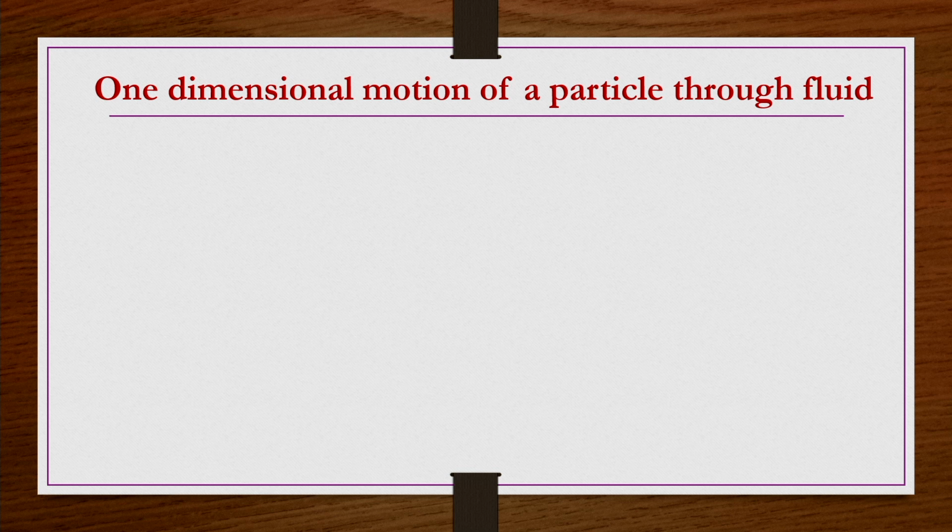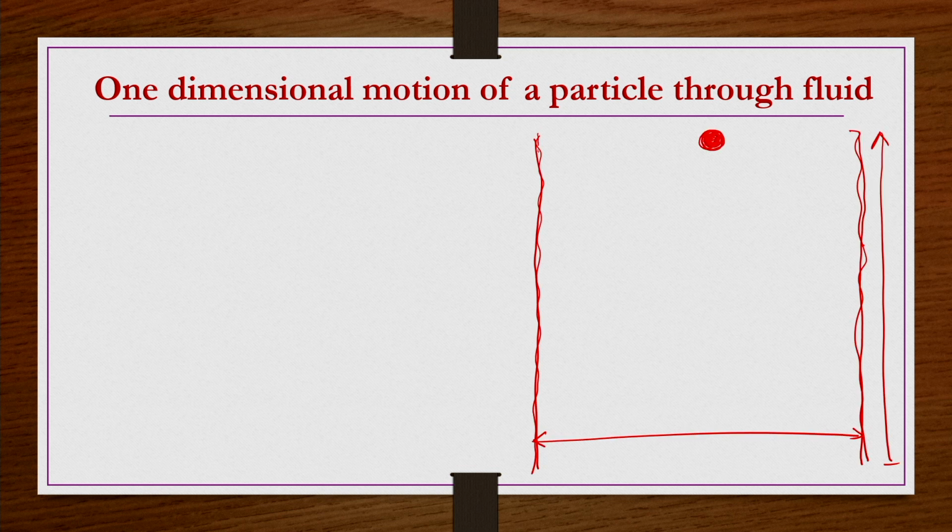If we consider one-dimensional motion of a particle through fluid, we can do analytical analysis and obtain the total drag force acting on a particle when it is settling in gravity motion or centrifugal motion. That is what we are going to see, provided the motion is one-dimensional.